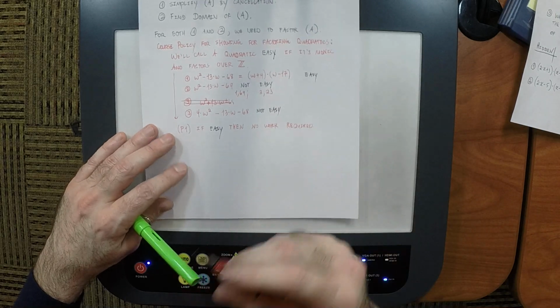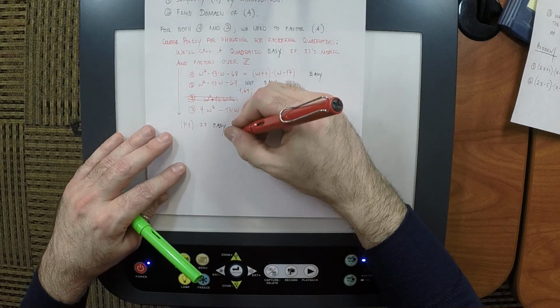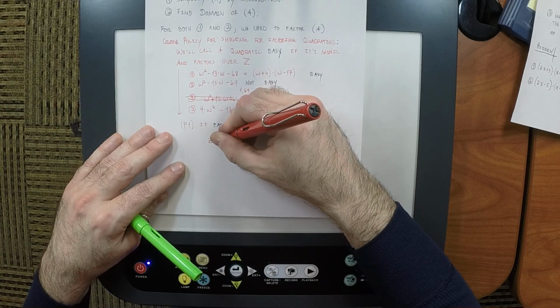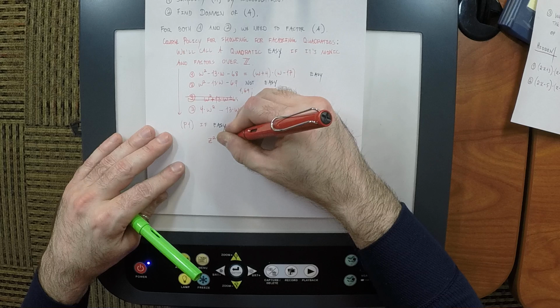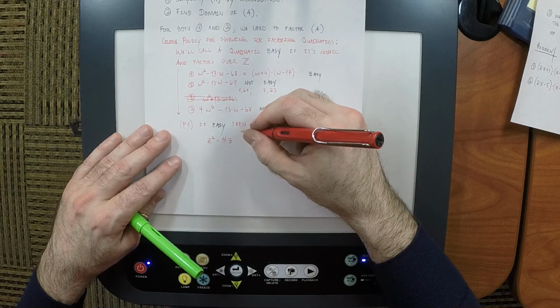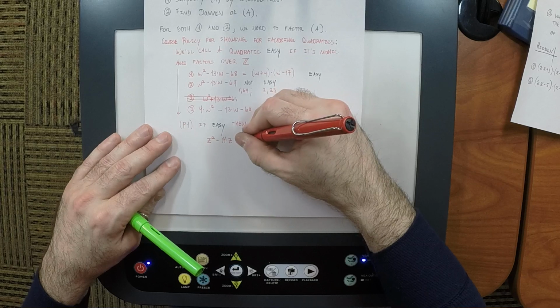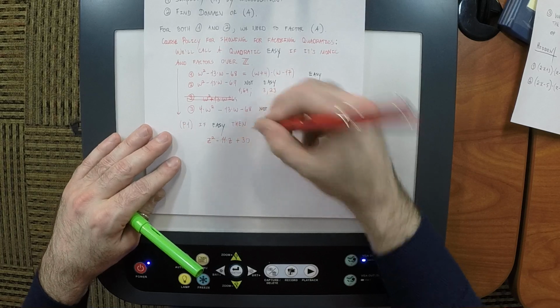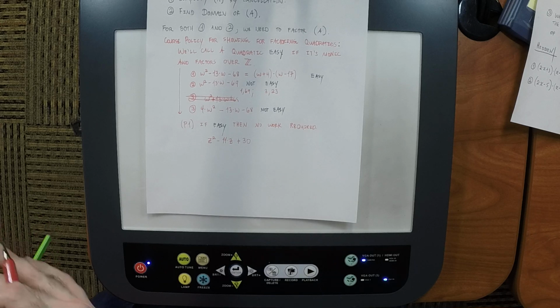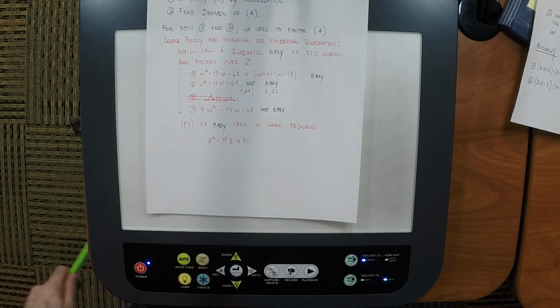So what I mean is that if you're faced with, say, z squared minus 11z plus 30, then I claim that this one is so straightforward that you just write down the answer.